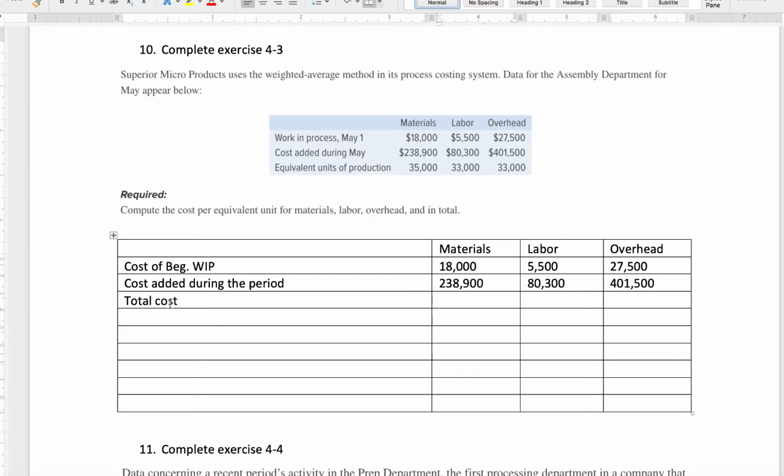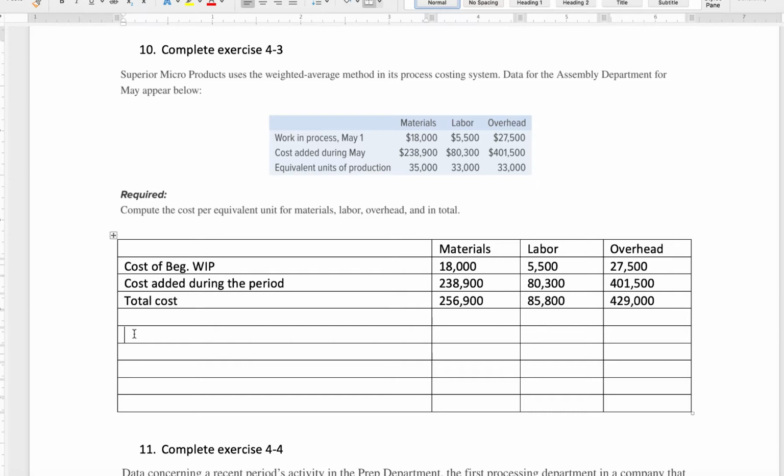So my total cost with respect to material, $256,900. With respect to labor, $85,800. And with respect to overhead, I have $429,000. Okay, that's my total cost.